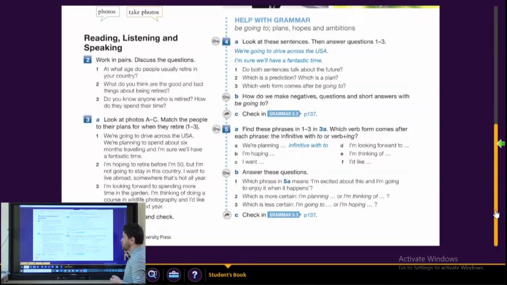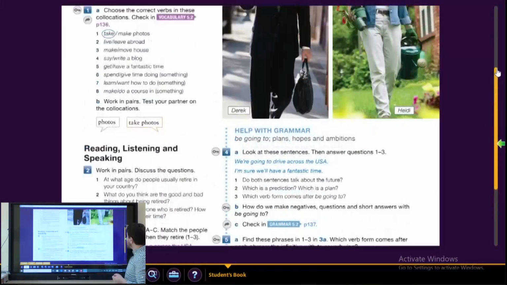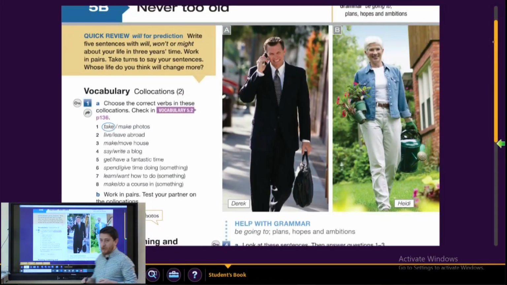And number 2, I'm hoping to retire before I am 50, but I'm not going to stay in this country. I want to live abroad, somewhere that's hot all year. So I'm hoping to retire before I'm 50. Look at the pictures. Who do you think is over 50 and who do you think is under the age of 50?